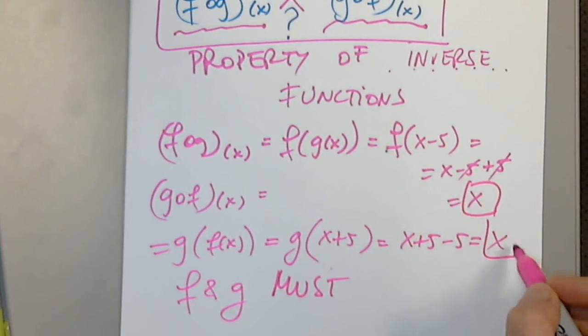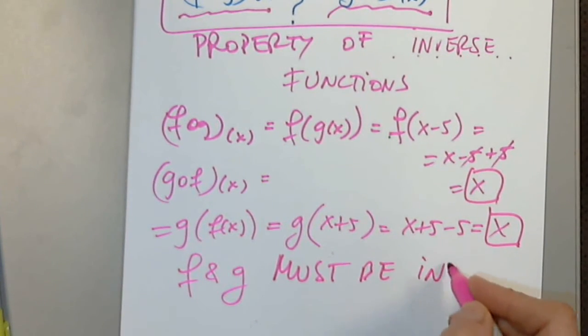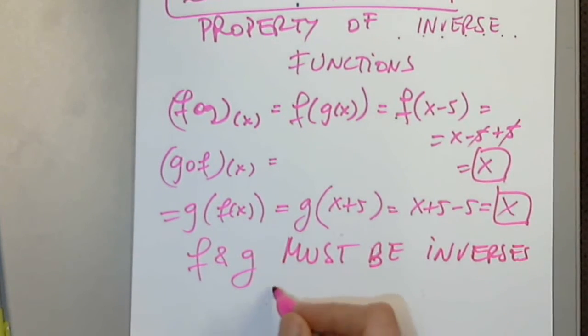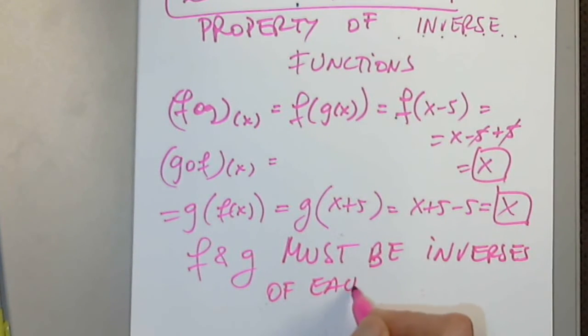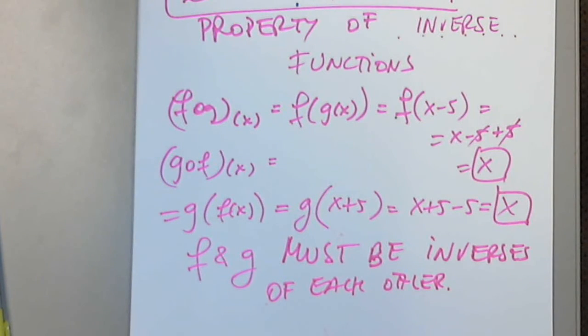Because of this. Which means they cancel their effect on x. The subtraction cancels the addition. The addition will cancel the subtraction. They annul themselves, their action on x. Nothing happened to x. Okay.